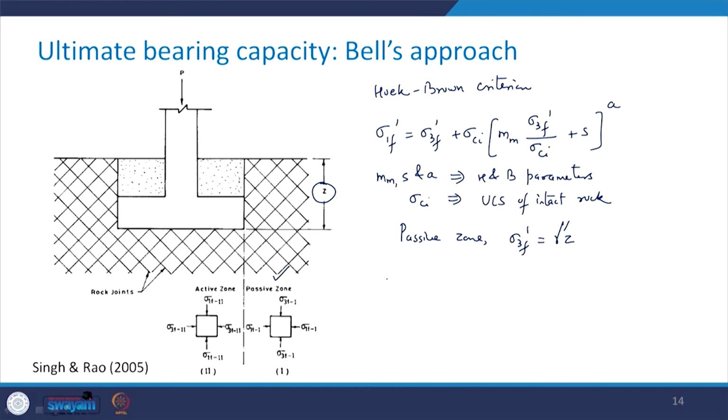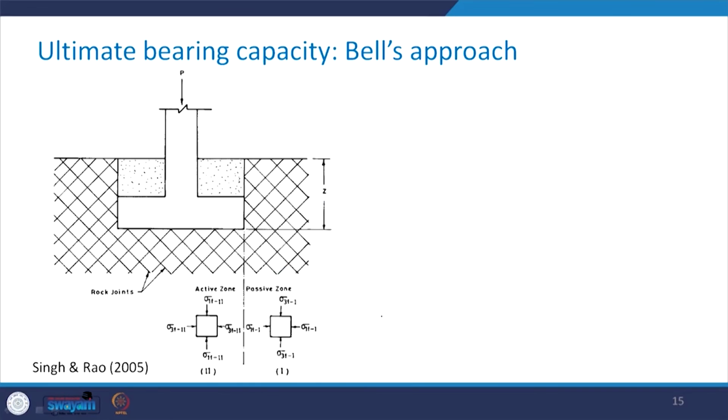So, sigma 1f prime is going to be gamma prime z plus sigma Ci times (mb gamma prime z upon sigma Ci plus S) to the power A. See, the Hoek and Brown parameters will be known to me, and knowing this overburden and therefore sigma 3f prime, from here I can determine sigma 1f in the passive zone.